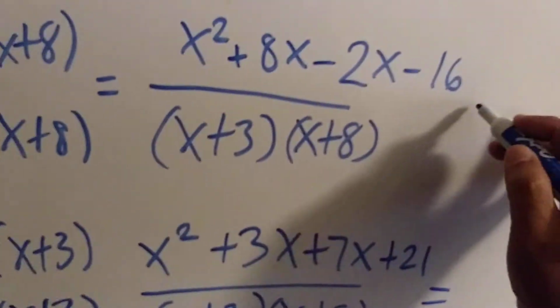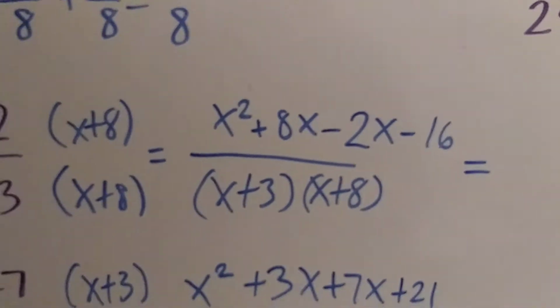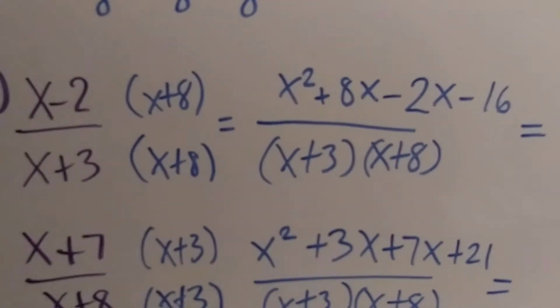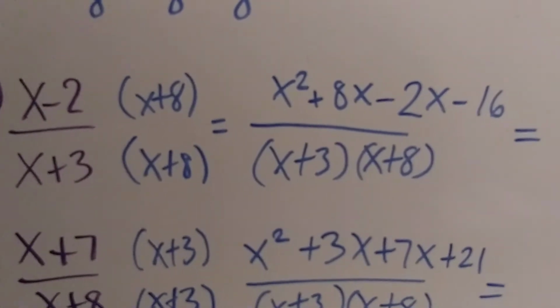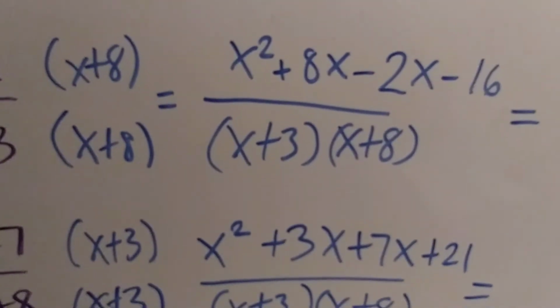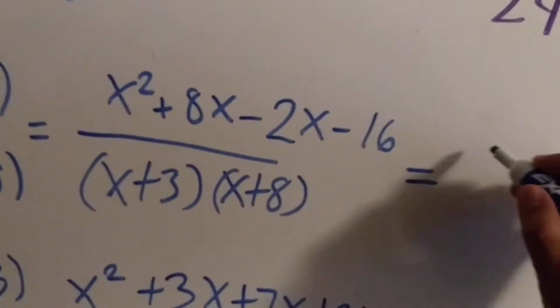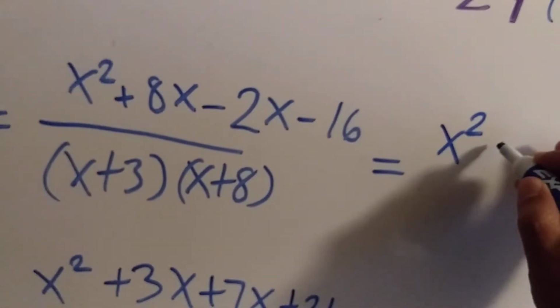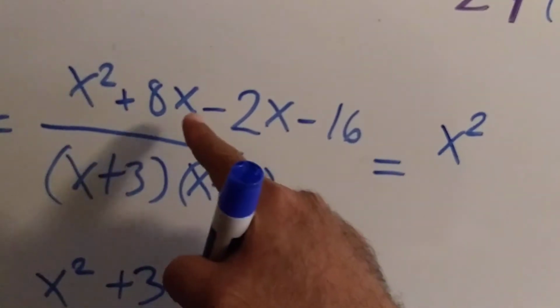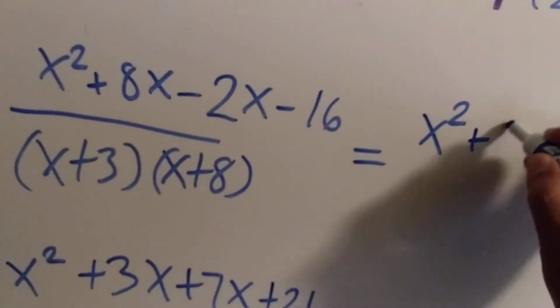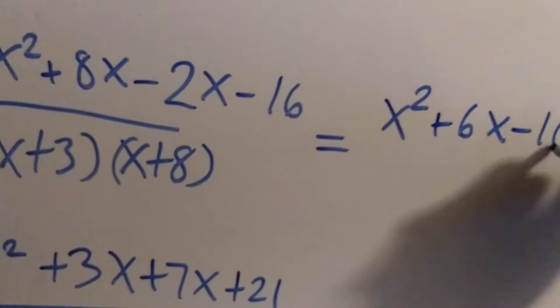Okay. So as you can see, it's just a series of expansions on the problems that we learned in the previous chapter, chapter 13. So here we're going to have collecting like terms in the middle here. It'll be x squared. Positive 8x minus 2x gives us positive 6x minus 16.